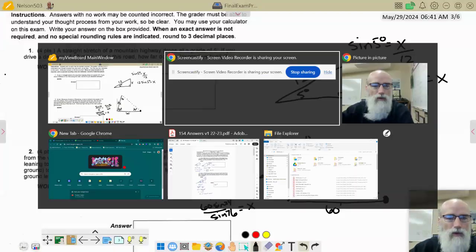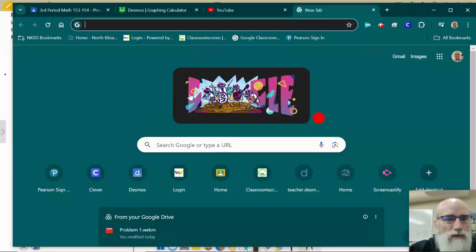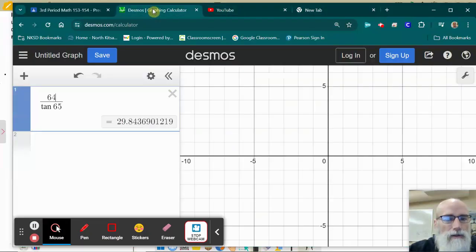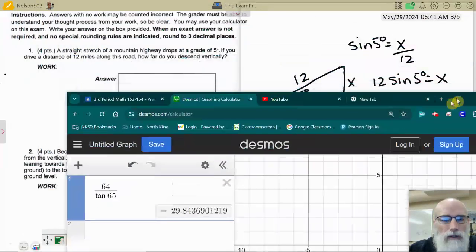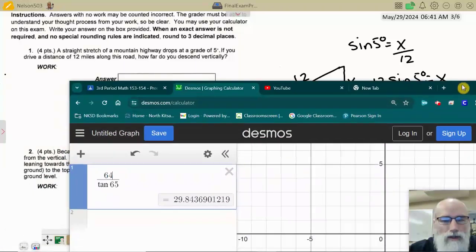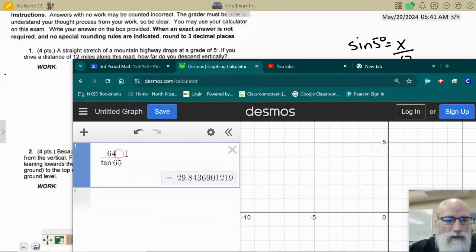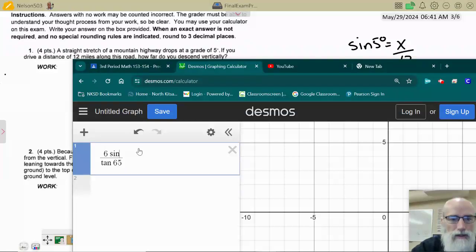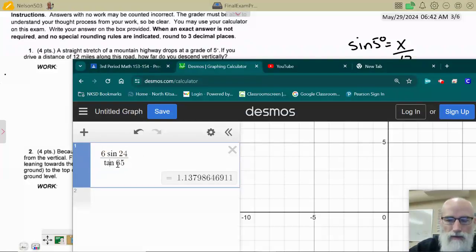And let's jump over to Desmos. Where did you go, Desmos? Right there. So we want 60 sine 24 over sine 76.